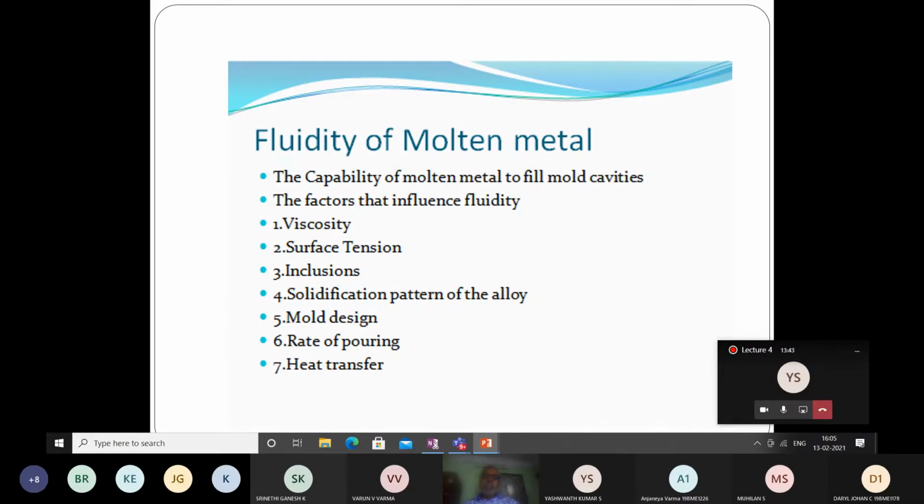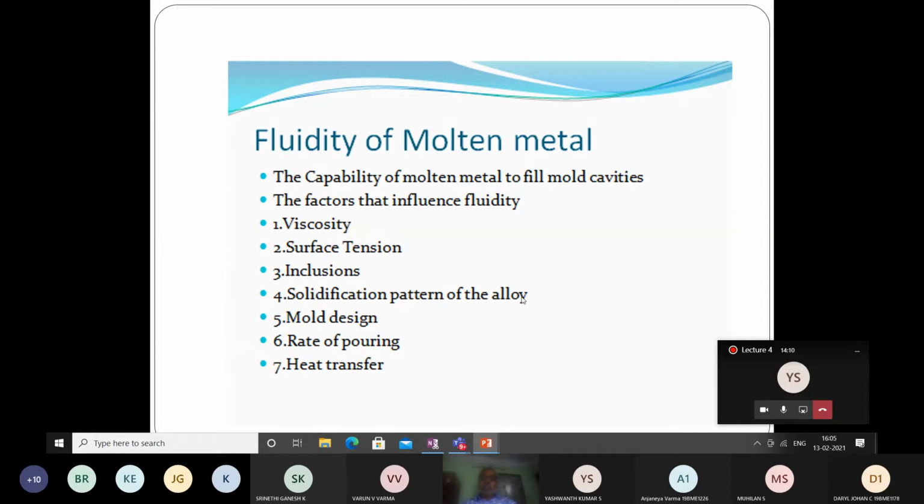What are the various factors which influence the fluidity? These are all liquid properties. Viscosity is very important, and you know very well, viscosity depends upon temperature. Then surface tension and inclusions. This is very important, because especially in sand casting, sand particles and foreign particles will fall into the molten metal, and this will create some defects. So it will affect the fluidity also.